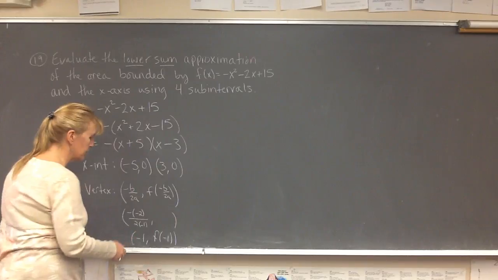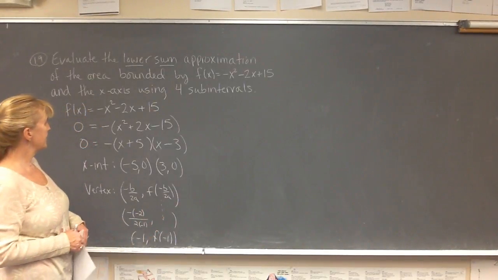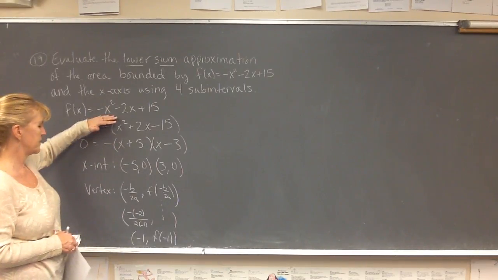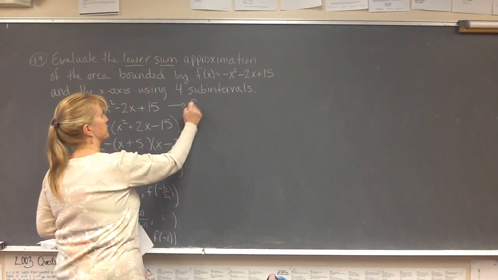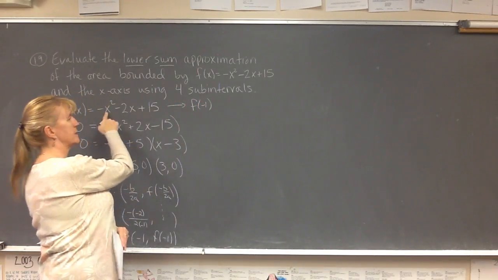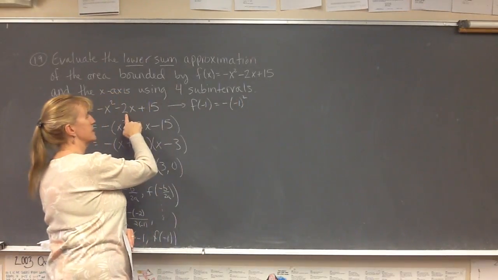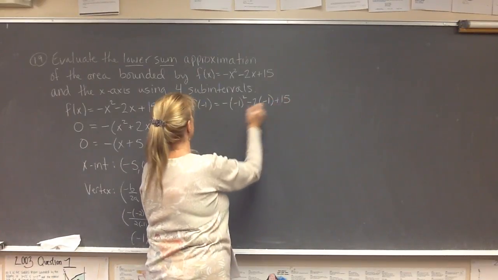I need to know what f of negative 1 is. If I take negative 1 and put that back into my original function, what is going to be the y-coordinate of my vertex? F of negative 1 is the opposite of negative 1 squared, minus 2 times negative 1, plus 15.